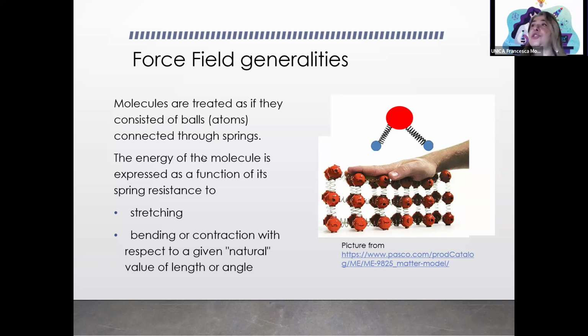And the energy of the molecule is expressed as a function of the spring resistance to deformation, so to the stretching of the bonds and to bending or contraction of the angles.